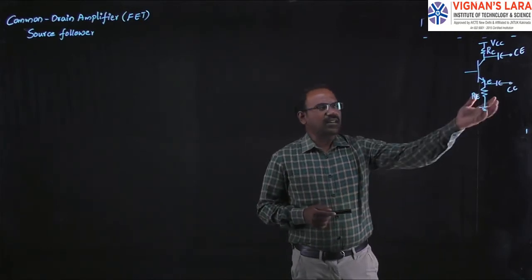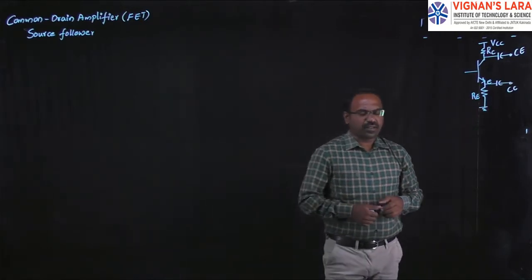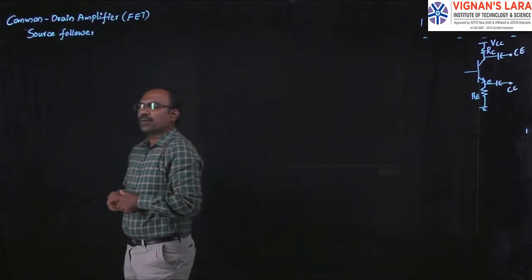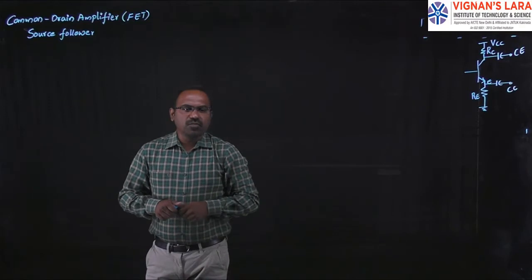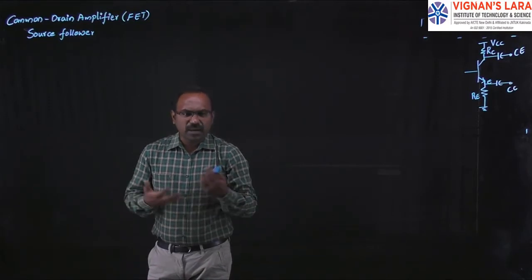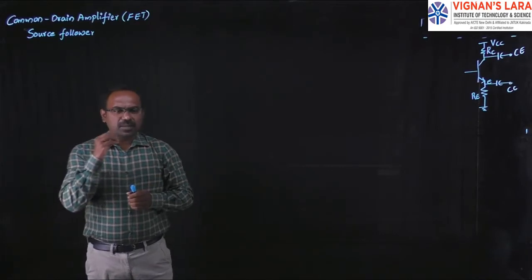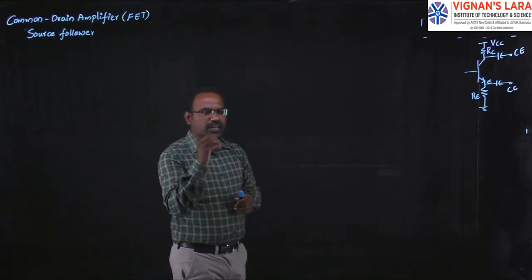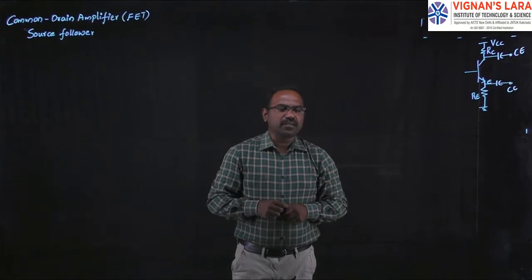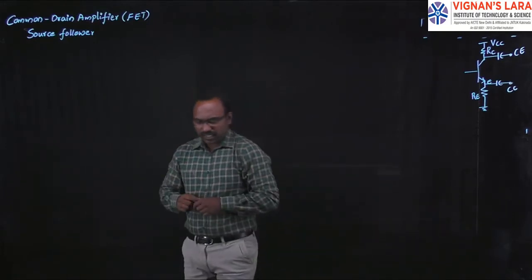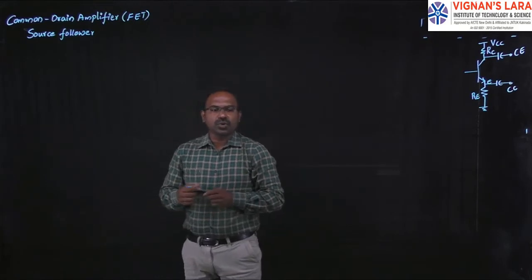That is the reason why we are calling it the emitter follower circuit. We have already discussed. Similarly, here also in common drain amplifier, we will use the common source amplifier. But for common source amplifier, the output is taken across the drain. But for common drain amplifier, the output is taken across the source.